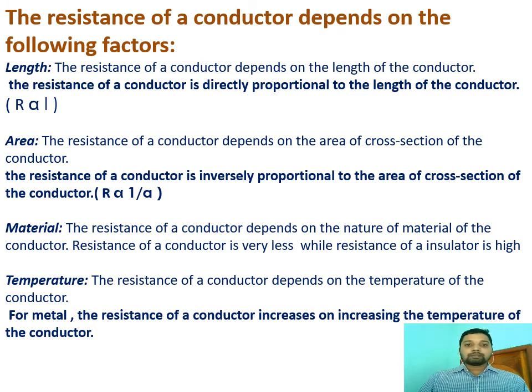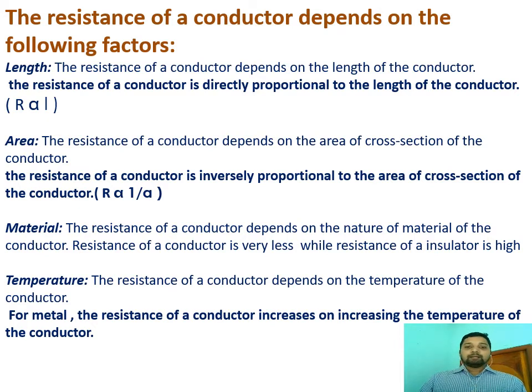So the resistance of a conductor is directly proportional to the length of the conductor. When it comes to the area, meaning the cross section, whenever the area of cross section increases, the particle gets more space to move. So the number of collisions gradually decreases, because of which resistance decreases. So resistance of a conductor is inversely proportional to the area of cross section of the conductor.